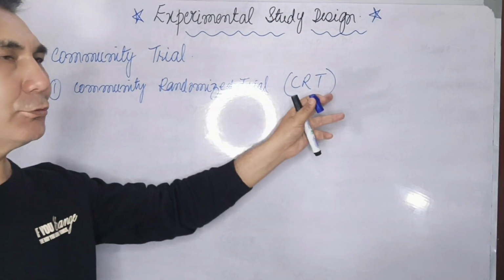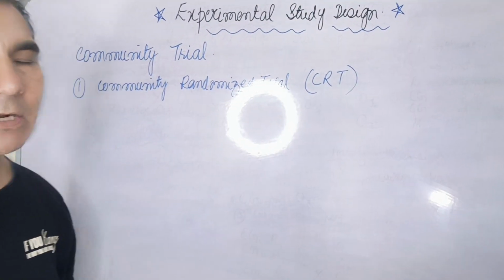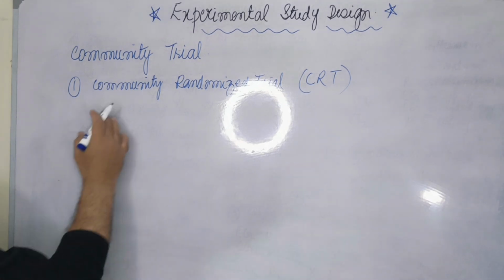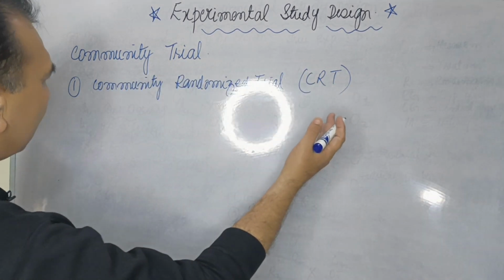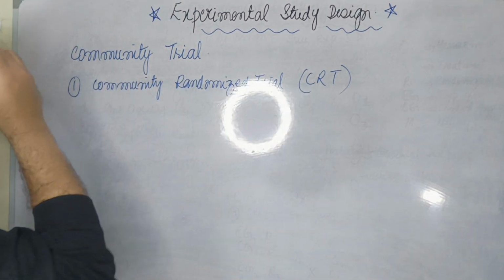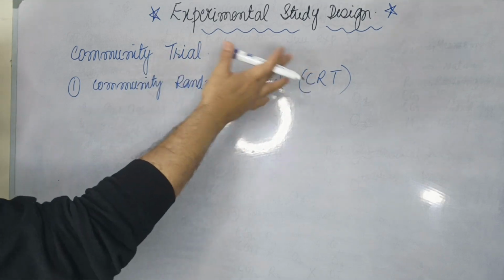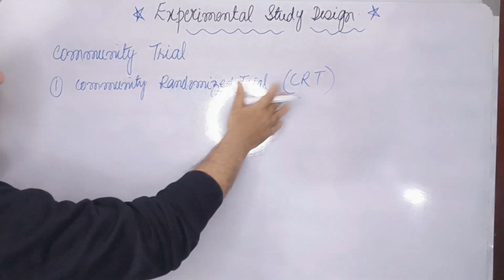RCT is the randomized control trial, CRT is the community randomized trial, or you can say randomized community trial, but again the terms will be similar. So it is community randomized trial.